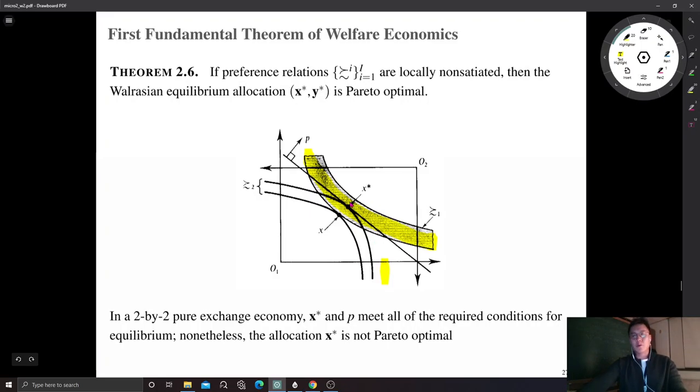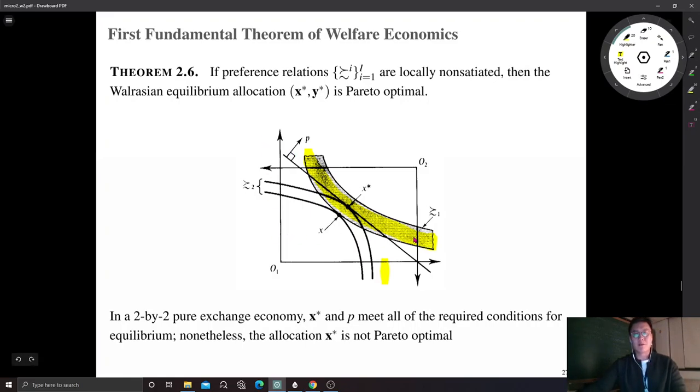And this X star also maximizes consumer 1's utility, because consumer 1 cannot achieve a higher utility by choosing other bundles than X star. So this is an equilibrium. That X star satisfies all the equilibrium conditions.